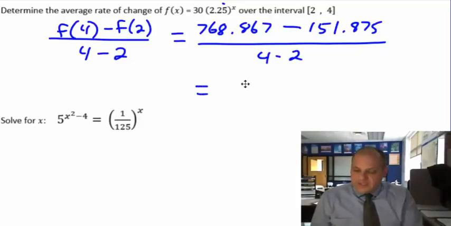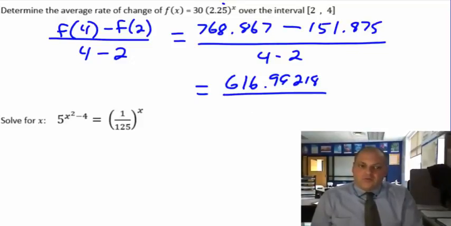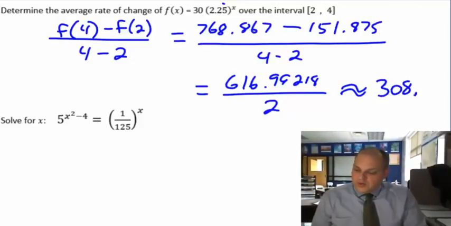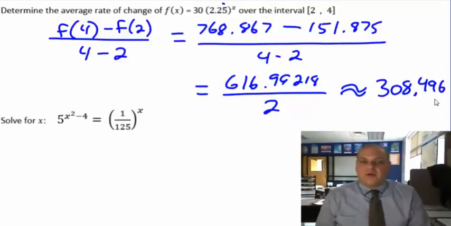So that's going to be 616.99218 over 2, which is approximately 308.496, roughly. Okay, I rounded it to the nearest thousandth, but you would round to whatever they tell you to round to unless they don't specify.